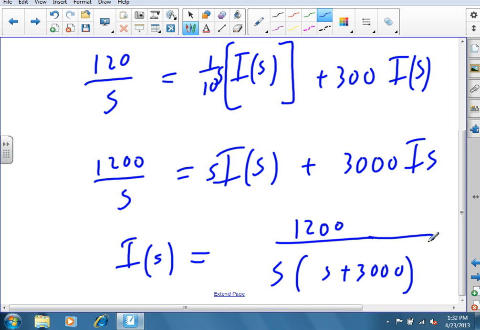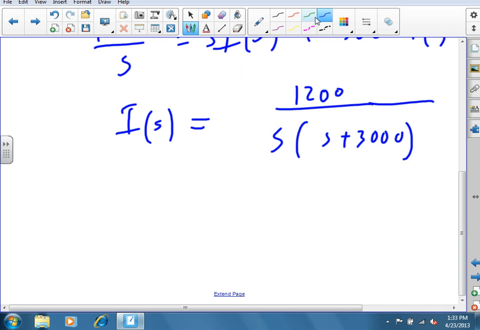Alright, that look right? Yeah, I think so. You got your hand up, Eric? No, good. Alright, so that being the case, I look at my Laplace transform table and I have a S minus that. In order to do number 13, which is what I'm planning on doing, I need a 3000 on top.